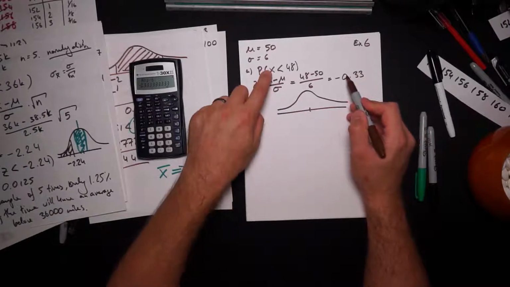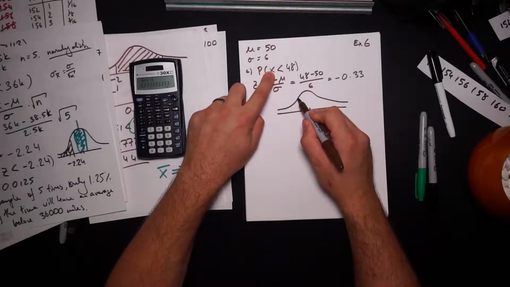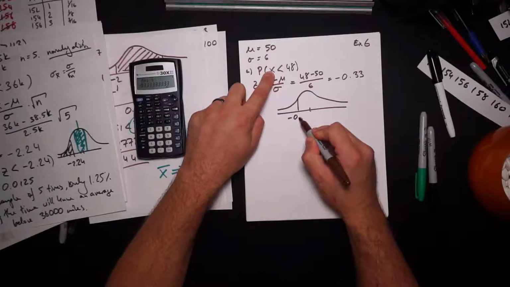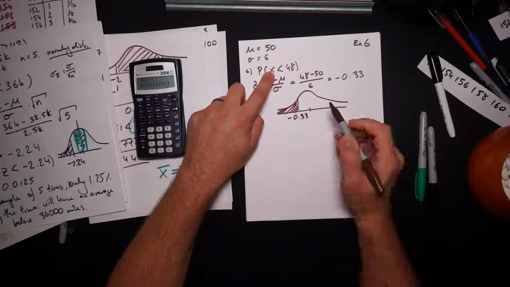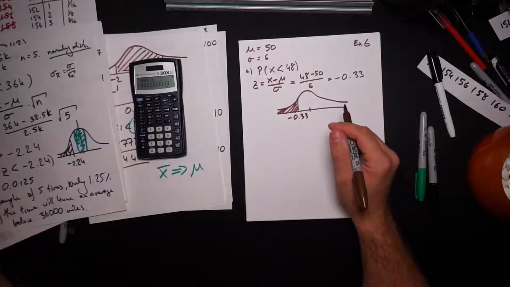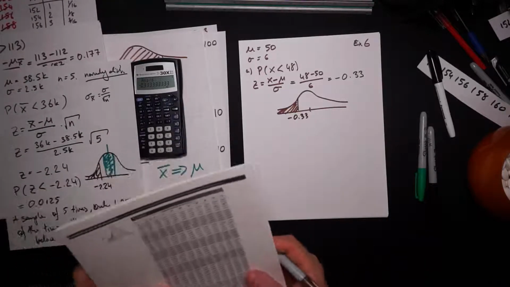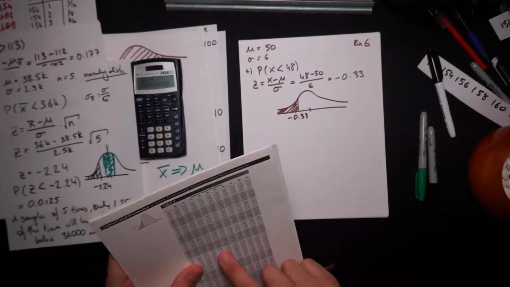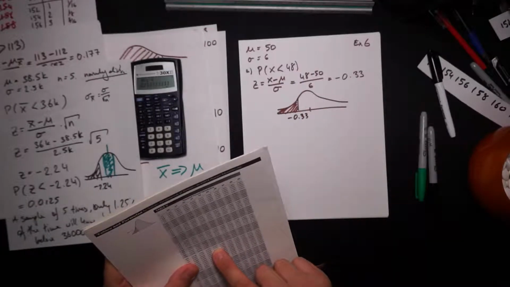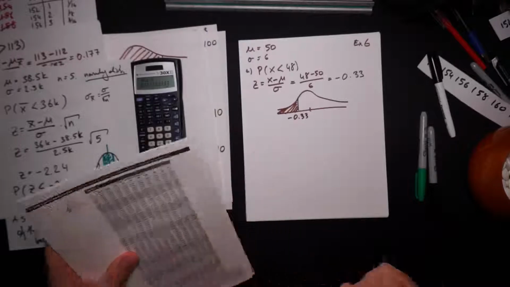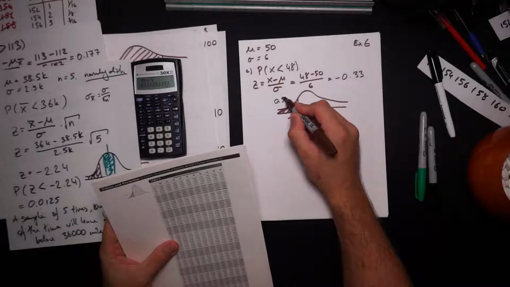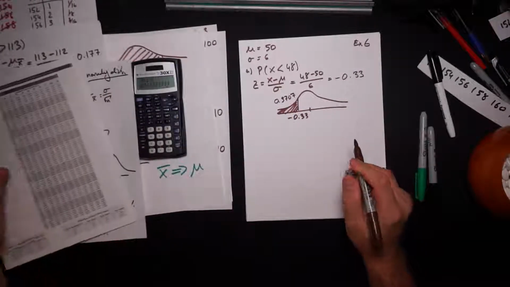And so we're looking for smaller. So we're looking for this. And what's this probability? Well, if we look at the table, it's negative 0.33. It's 0.3707.